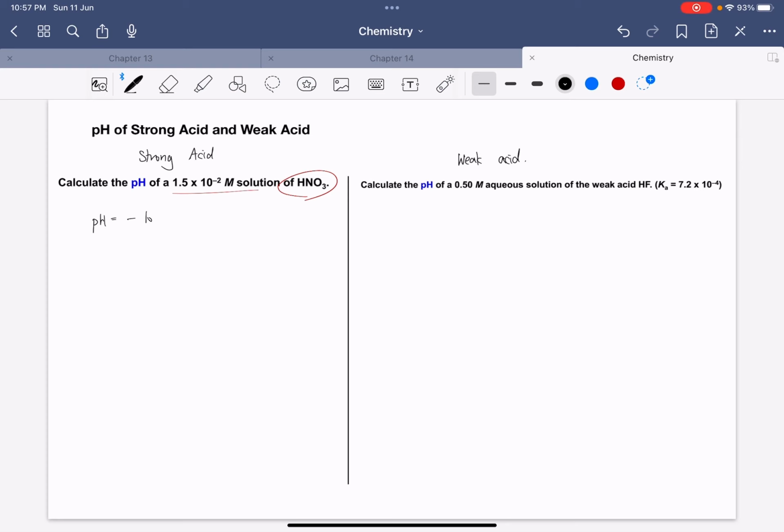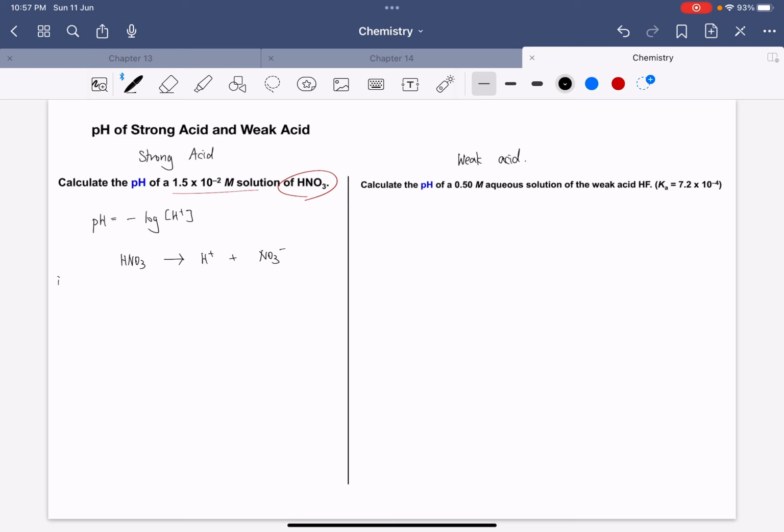pH is equal to negative log of the concentration of hydrogen ion. In order to know the concentration of hydrogen ion, you can use this equation. HNO3 is dissociated into H plus and NO3 minus.